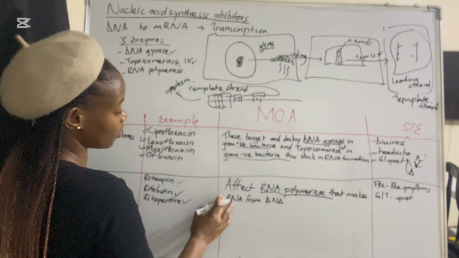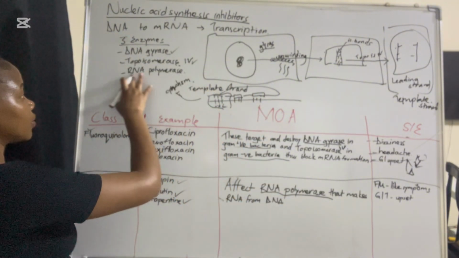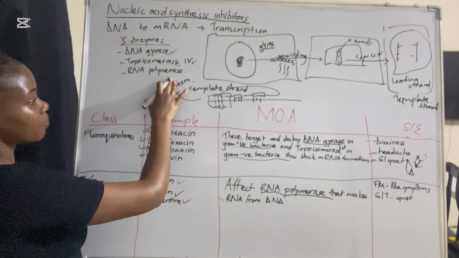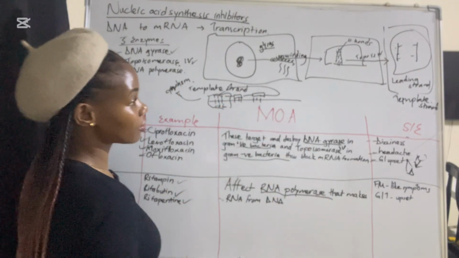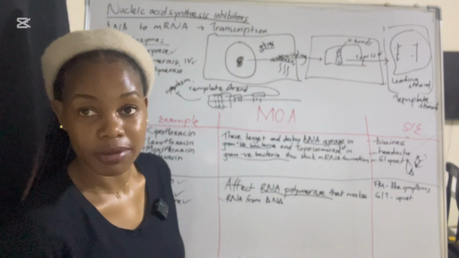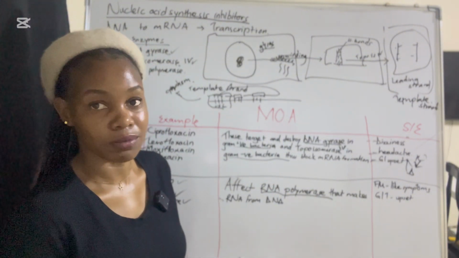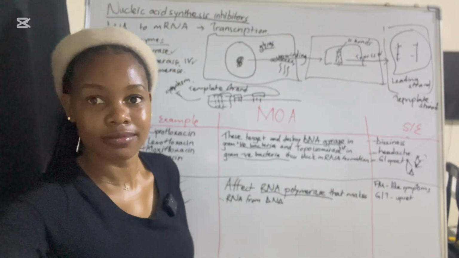It can just be even RNA from DNA, as we said here. The function of RNA polymerase, it is the one responsible for forming messenger RNA or complementary base pairing. And that's all we have to discuss about nucleic acid synthesis inhibitors.